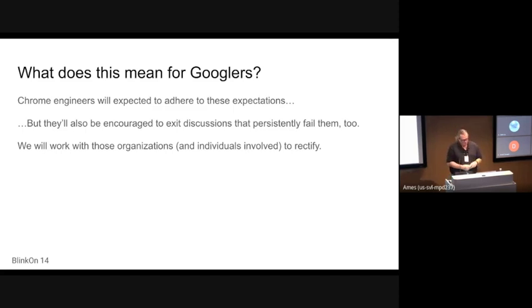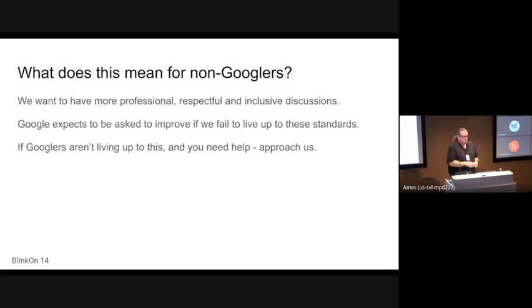For those of you who don't work for Google, obviously the flip side of both of those, we expect you to ask us to improve. If any of our team members are failing, let's have a conversation. This doesn't mean you should be tattling on people. It's really asking for help in how to better work with us and how we can make those conversations better.